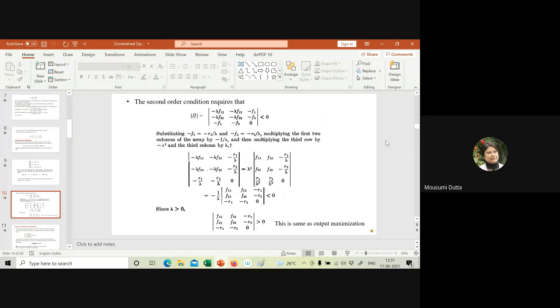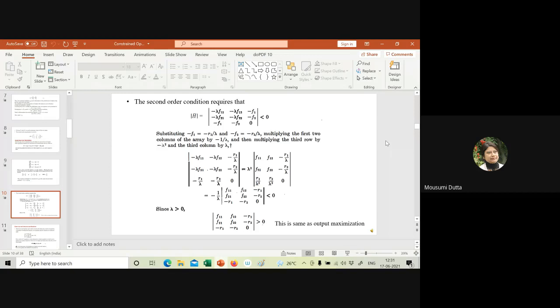You can derive the input demand using any of the alternative techniques, either output maximization subject to cost constraint, or cost minimization subject to output constraint. You will get the same result.